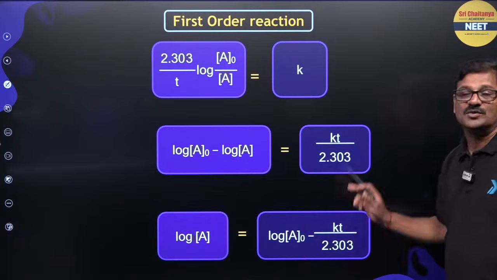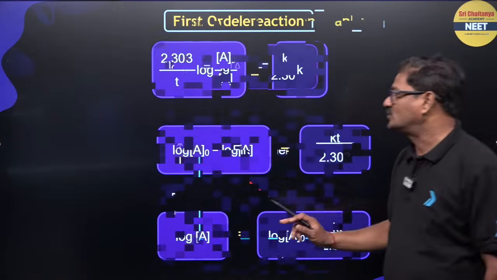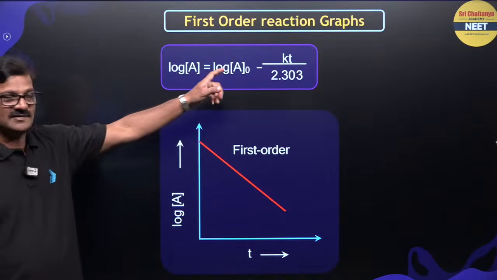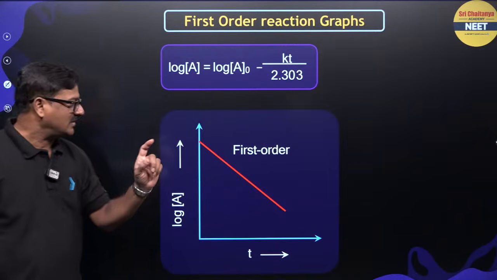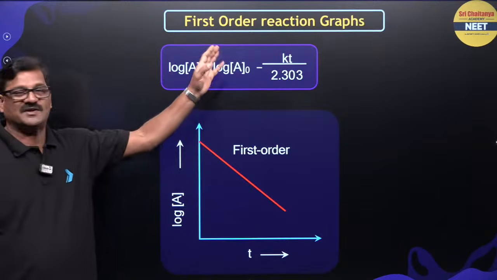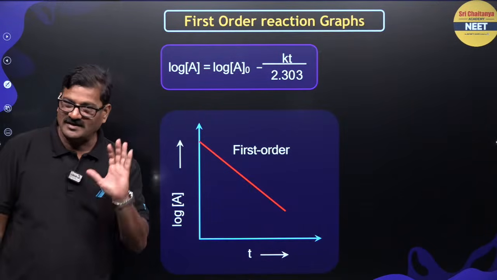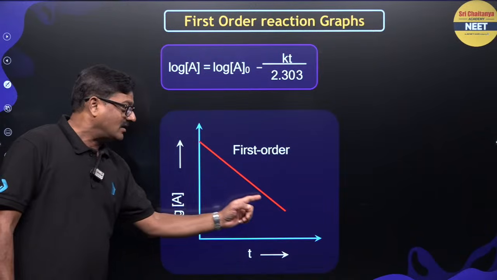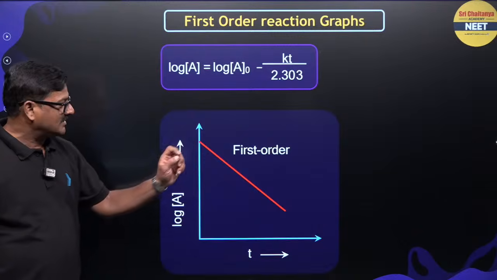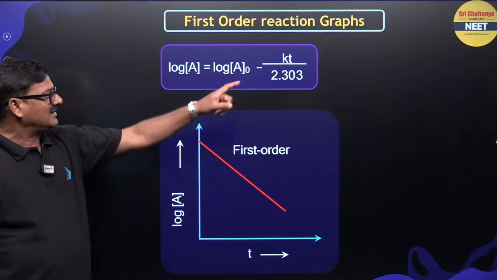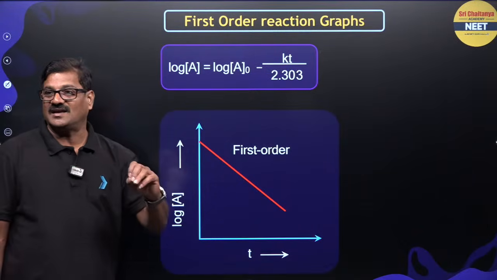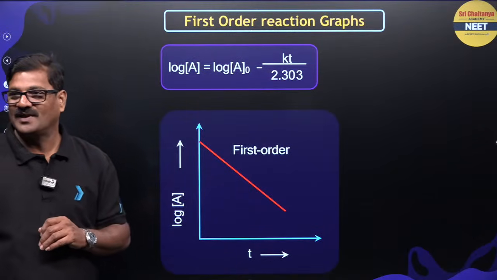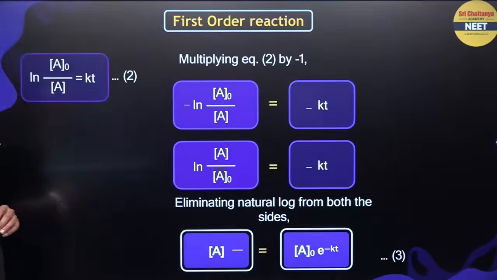This gives you an equation of the form y is equal to mx plus c, the equation of a straight line. When you plot log A against t, it is a straight line for a first order reaction, and minus K by 2.303 is the slope here.